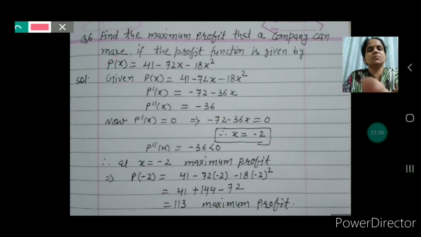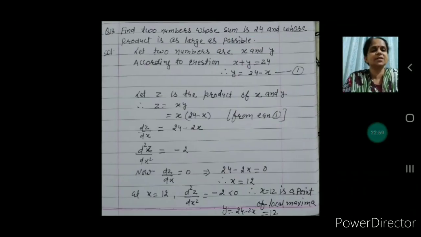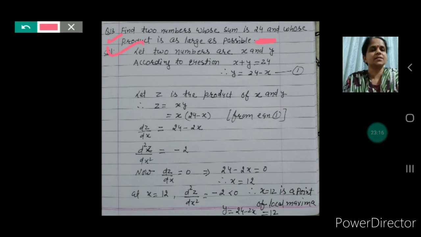Okay, now move to the next question. Question number 13. The question is: find the numbers whose sum is 24 and whose product is as large as possible. So first, students, let the two numbers be x and y.